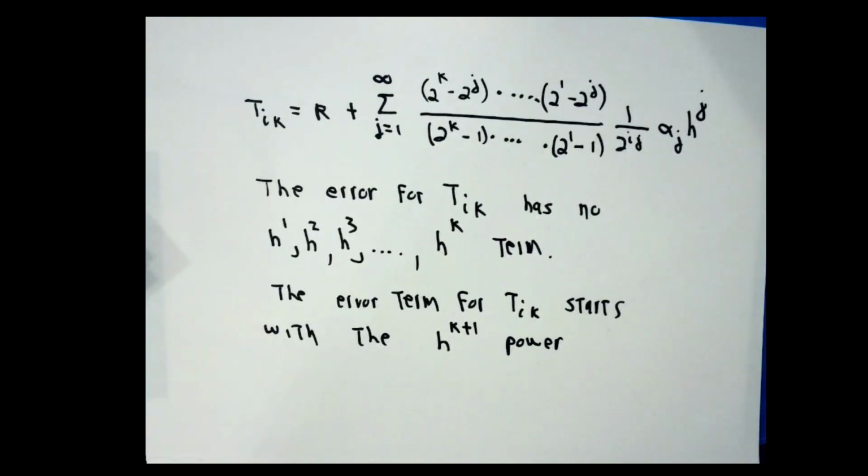The error term for t_{i,k} has no h to the first, no h squared, no h cubed, all the way out to no h to the k power term. If I look at one of these t_{i,k}, the power series that represents the error, how different t_{i,k} is from the actual value r, starts off with h to the k plus 1 power.